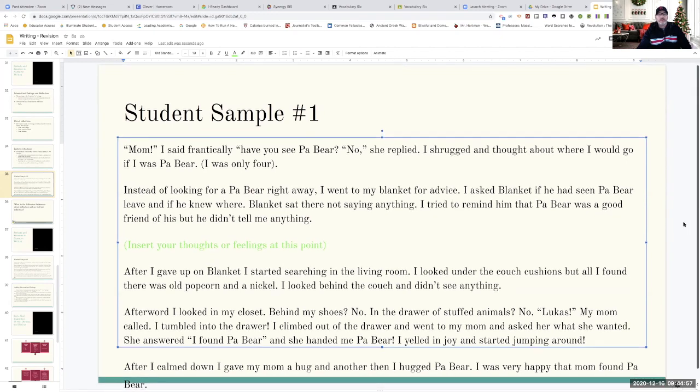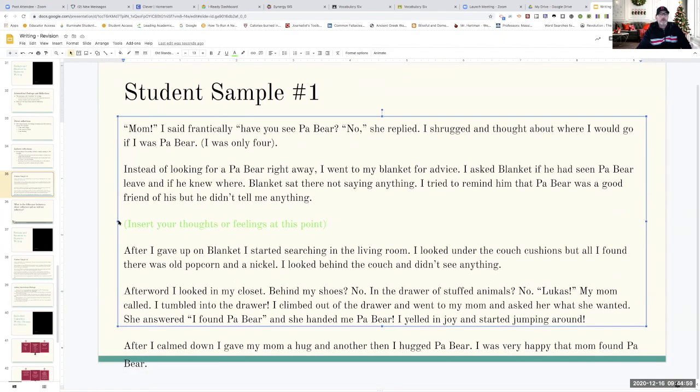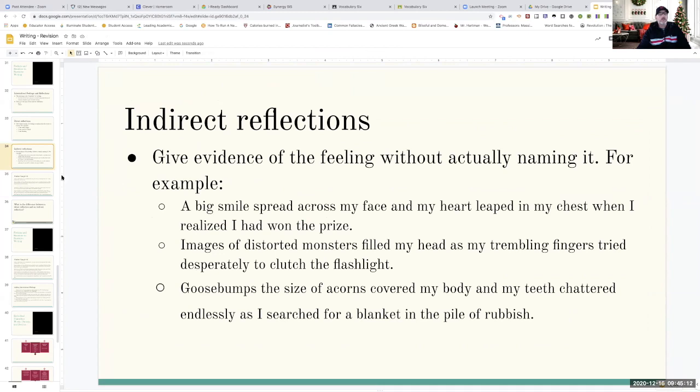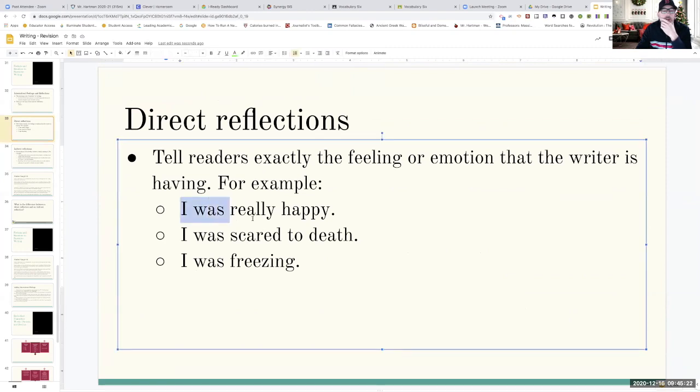So that's one. The second is, we talked about indirect reflections. Another way of stating this is showing, not telling. For instance, we said an example of a direct reflection would be, I was really happy.